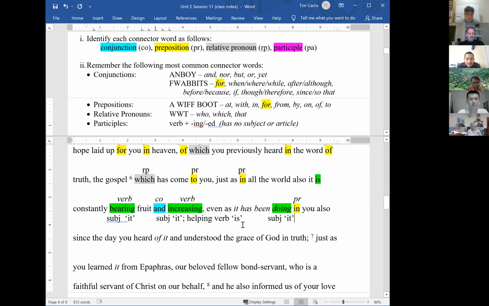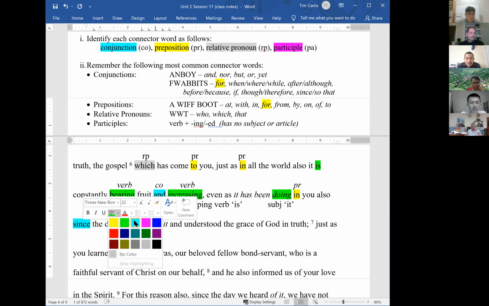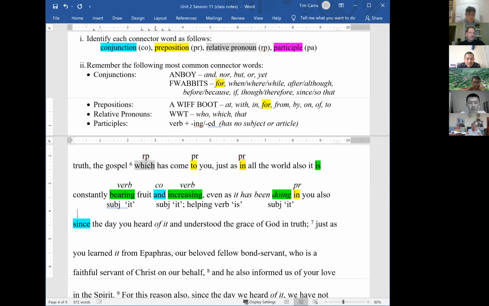All right. Since. Good. What is that? Since is a conjunction. And notice it's up on our list here as well. It's a subordinating conjunction. Yes. And, conjunction. Good.